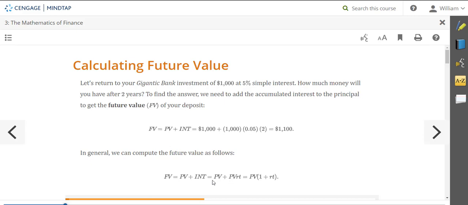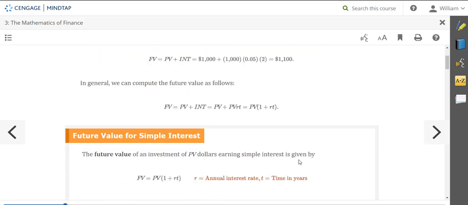And then we see that both of these terms have PV in them, so we could factor that out, and we'd be left with PV times 1 plus RT. So we can say the future value, FV, is PV times 1 plus RT, where by R we mean the annual interest rate, and T is the time in years.